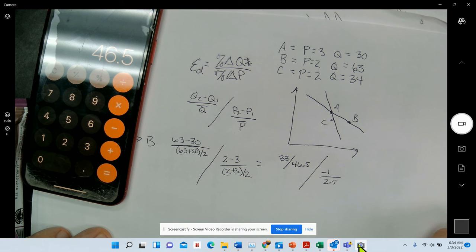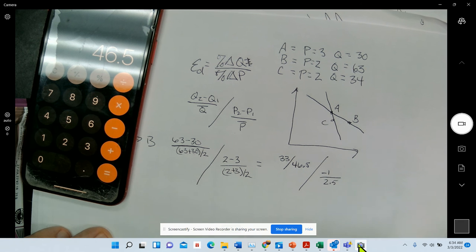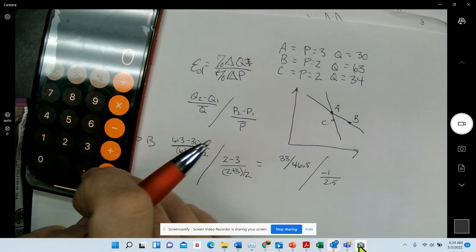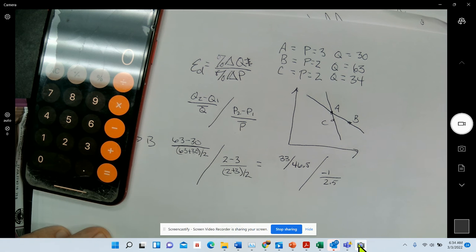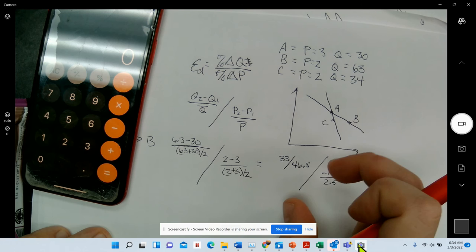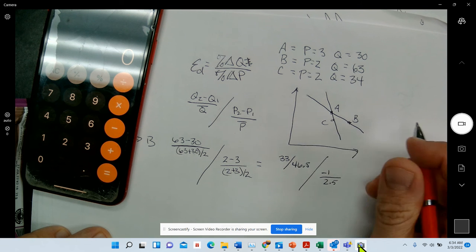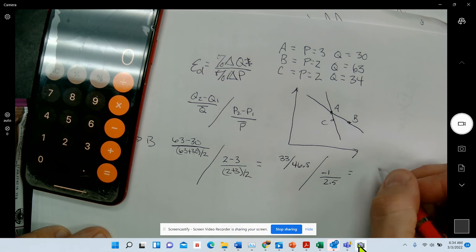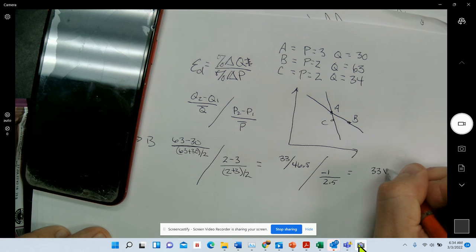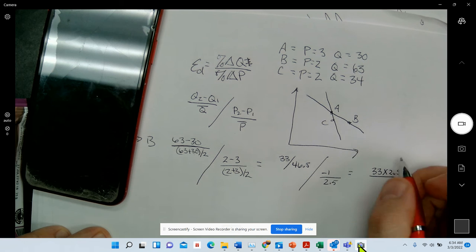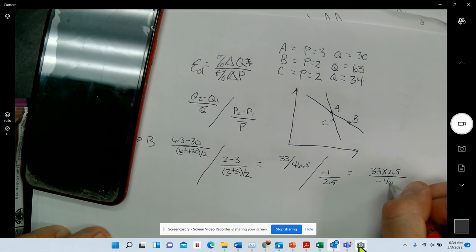Okay, so I don't have parentheses on this calculator. I need to get a different calculator actually, which makes this a little bit tricky. One thing you can also do is, if you divide two fractions, that's the same as multiplying by the reciprocal. So this can be simplified further to 33 times 2.5 divided by negative 46.5.